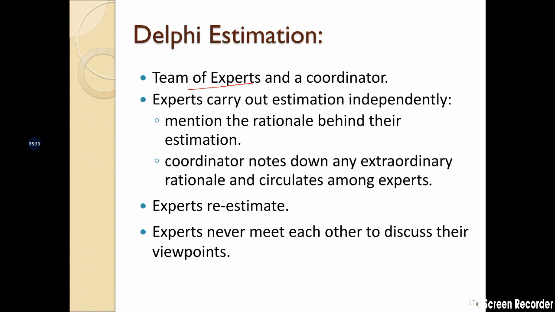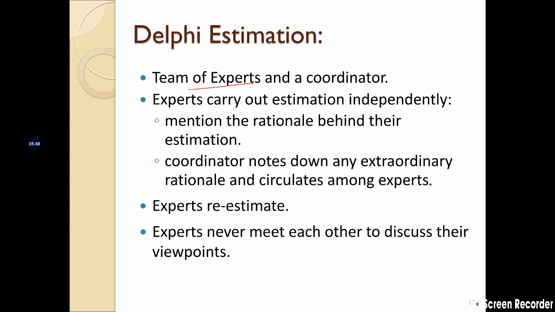They note down some of the high values or low values, and then, without naming who is in the team, he shares that information with others. They look at the comments and the various estimates that each member of the team has made, and then they re-estimate, and they never get to meet each other.